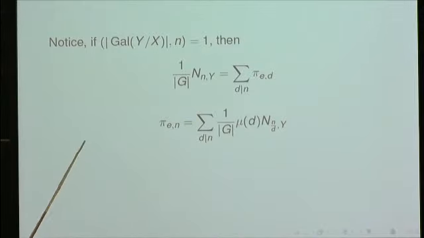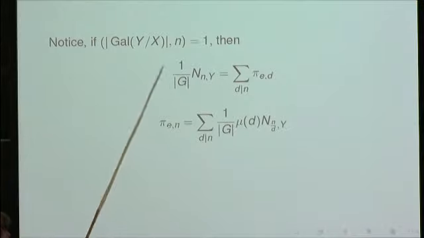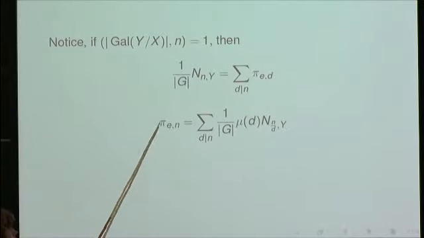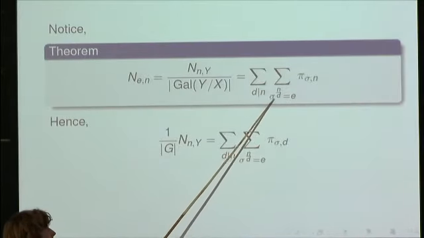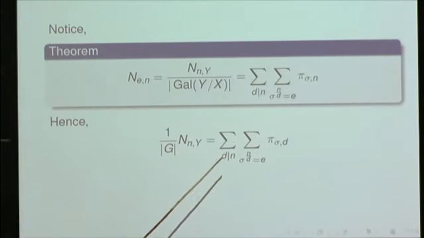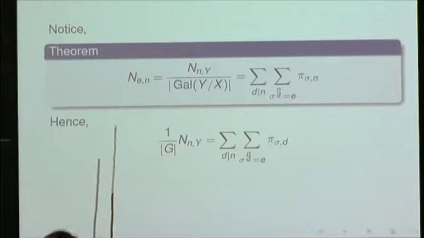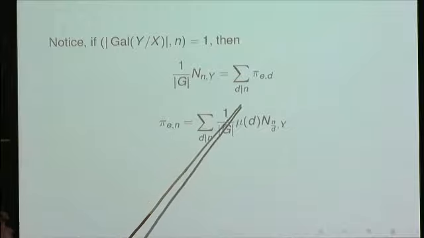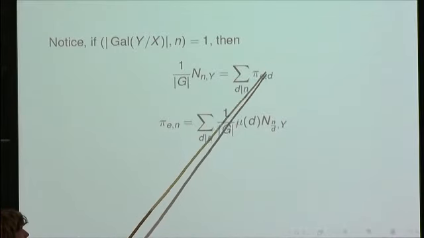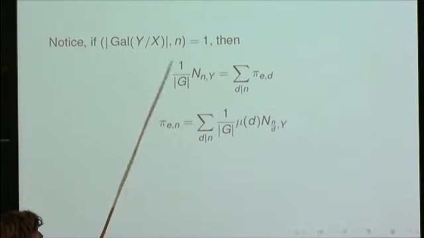Well, you'll notice that if n, the number of paths of length n, is relatively prime to the size of the Galois group, well then the preceding formula simplifies a lot, because then the only way sigma to the n over d could be equal to e is if sigma was equal to e. So then you'll determine that the sum over d dividing n of the primes that split completely for d is equal to this.